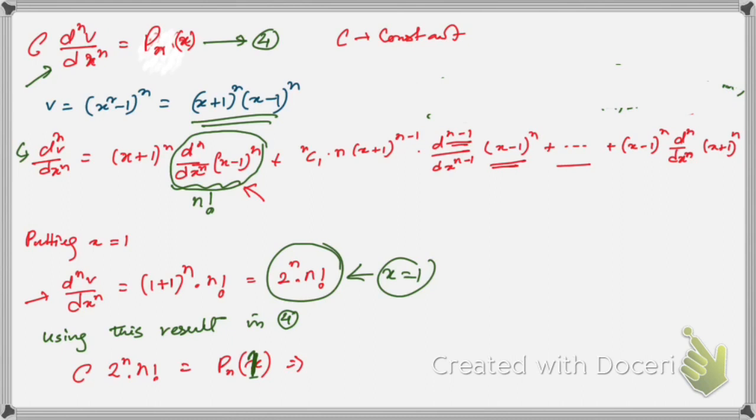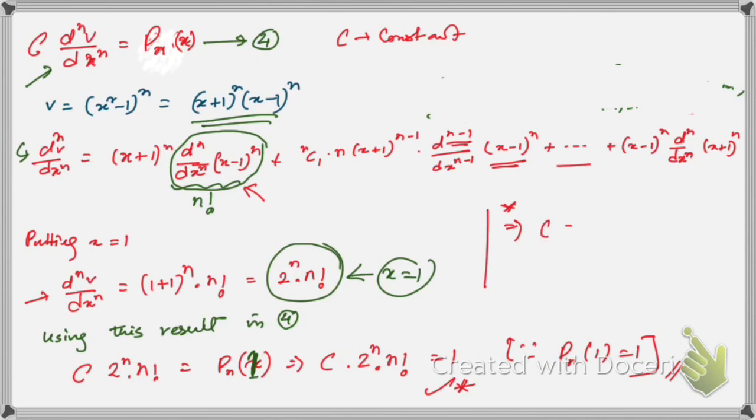So you will get C into this 2 to the power n factorial n is equal to 1, since Pn of 1 is equal to 1. So the value of C will be 1 by 2 to the power n into factorial n. That's what you will get.